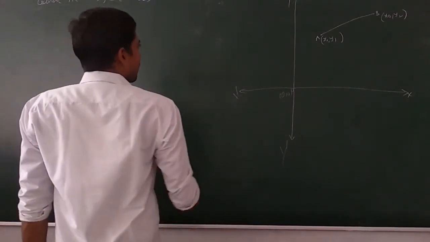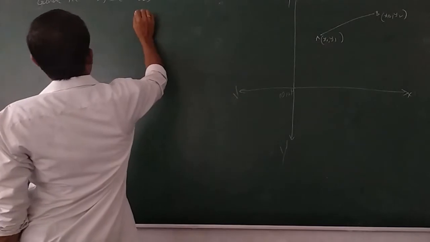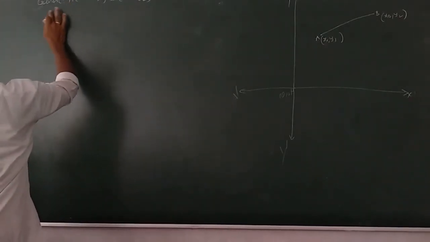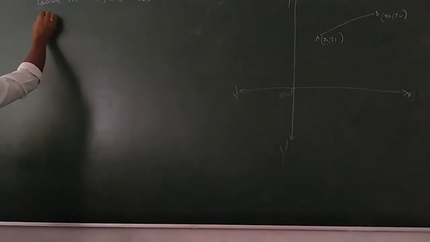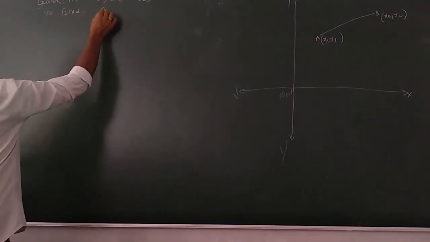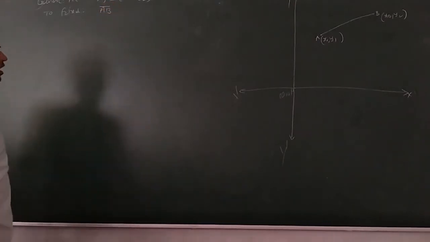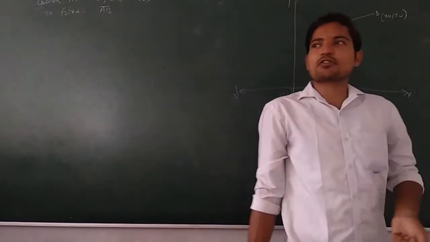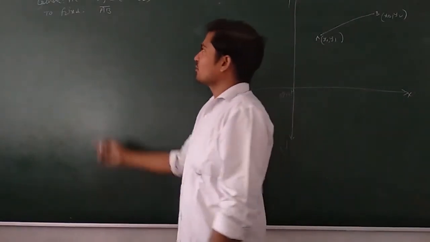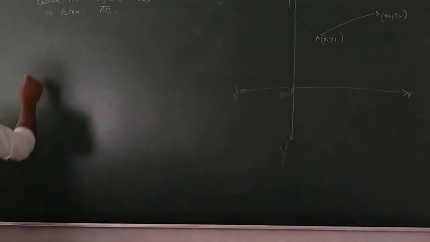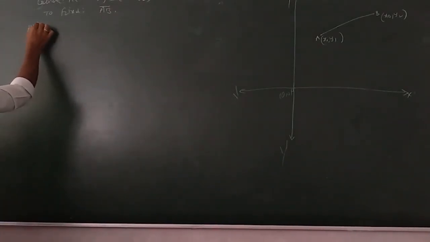Draw, and we are required to find AB. If you represent it like that, what is the distance between the 2 points? Now, proof.